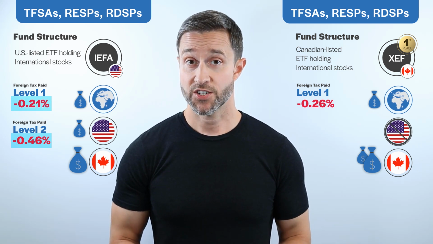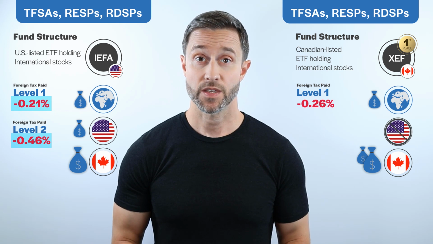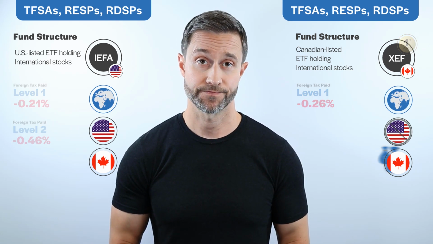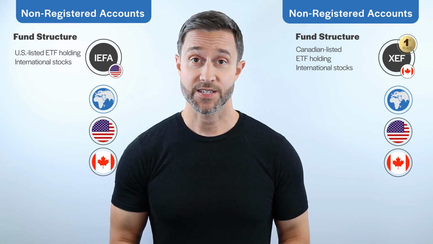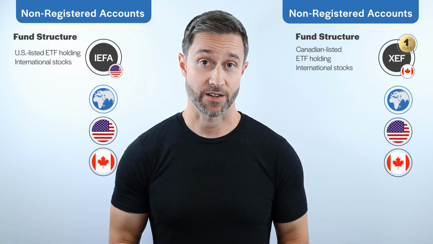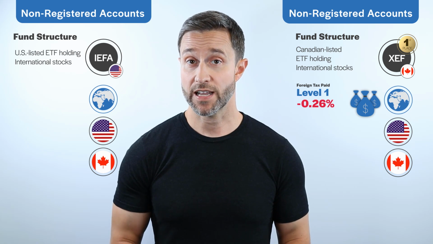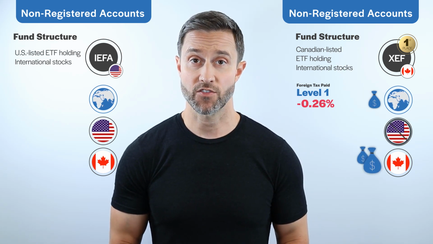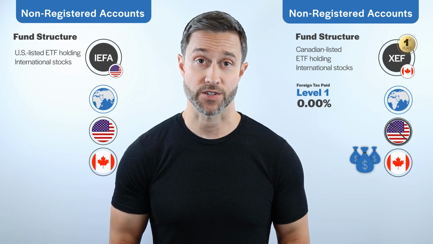So if you're holding international equity ETFs in your TFSA, I'd suggest opting for the Canadian-listed ones like XEF or VIU. I also prefer the same Canadian-listed ETF structure for non-registered accounts. Here too, only one layer of withholding taxes will apply, and even that layer is generally recoverable each year when you file your tax return.